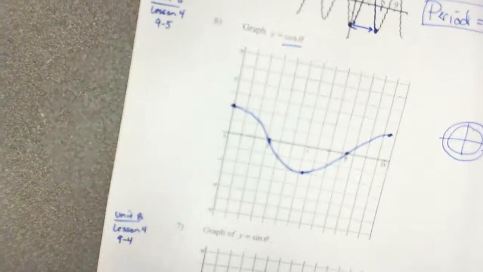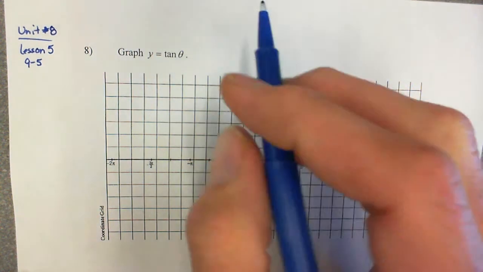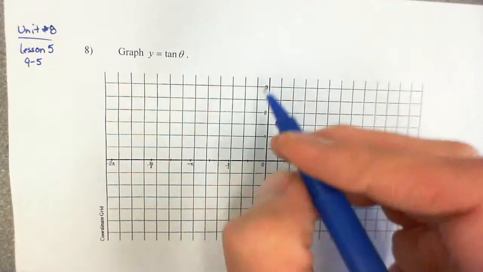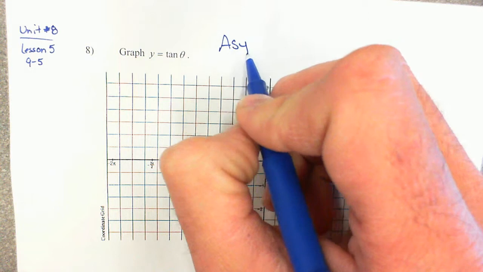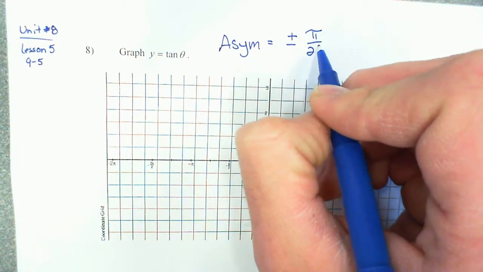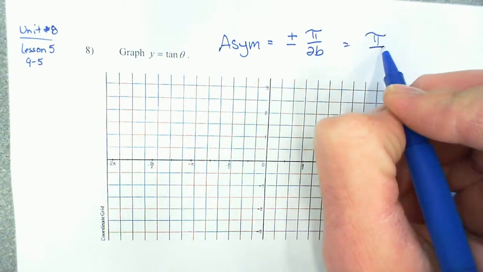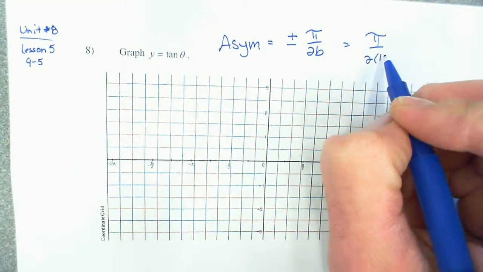Okay? The last one that you're going to need to know from the graphing of trig is the tangent graph. Now, tangent graph, remember, has asymptotes. And your asymptotes were equal to plus or minus pi over 2b. So this is going to be pi over 2 times b is 1.